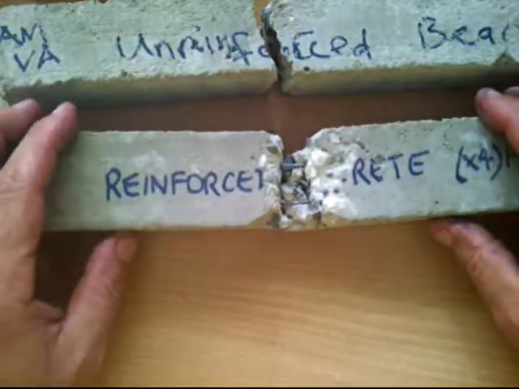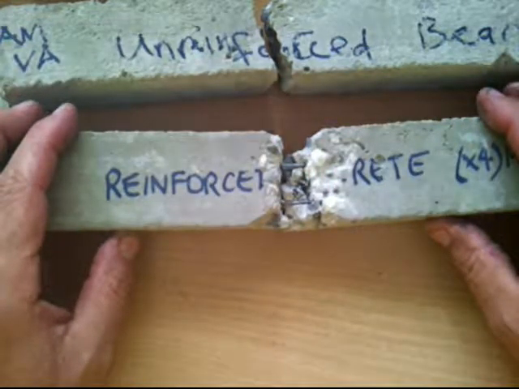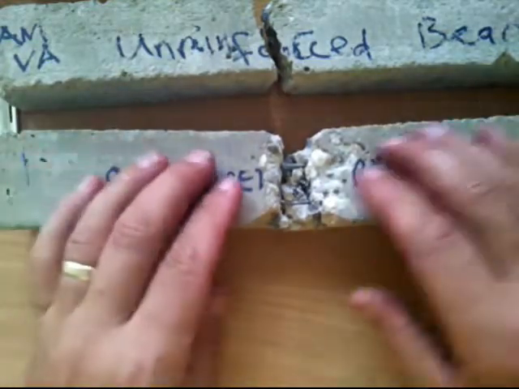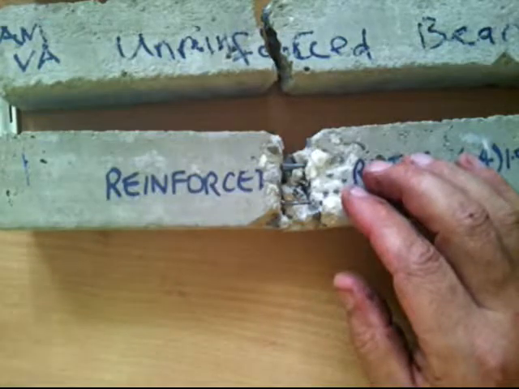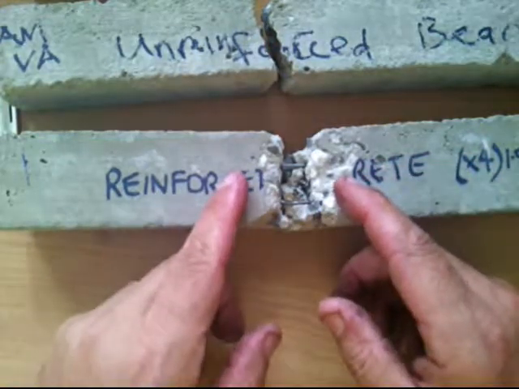So that's one way, pre-stressing, it's called, that concrete beams can be made stronger and lighter, and still perform the same sort of service properties as a larger beam.